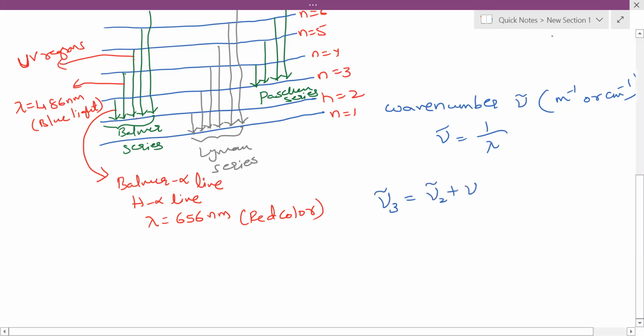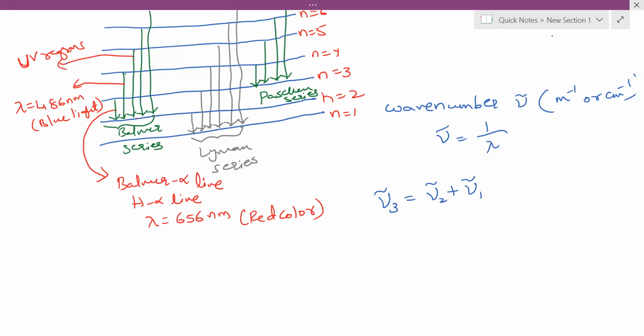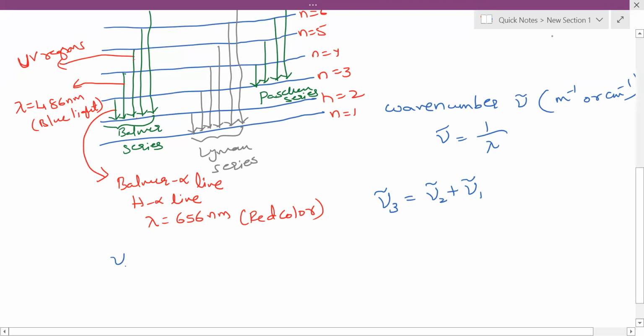We will see how these are related. So each photon represents a different transition here. Now this wave number represents the second line of the Balmer series.